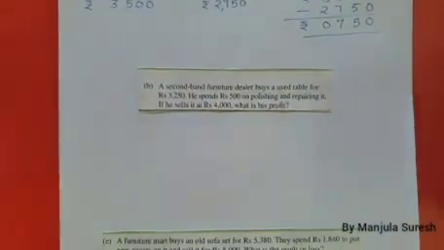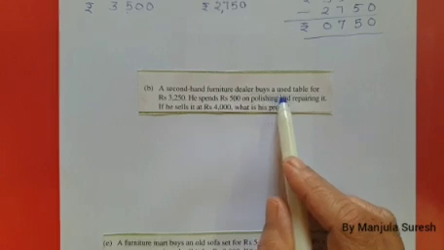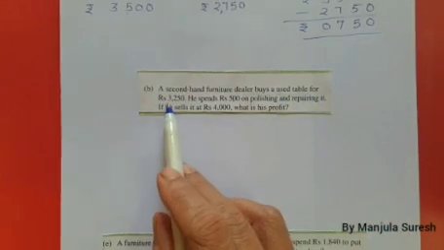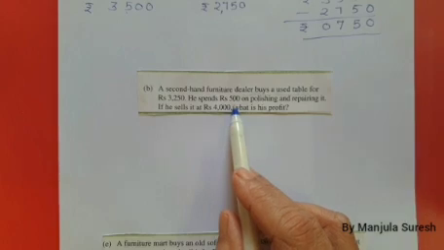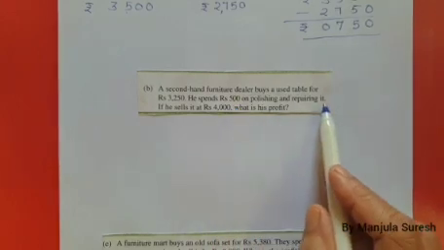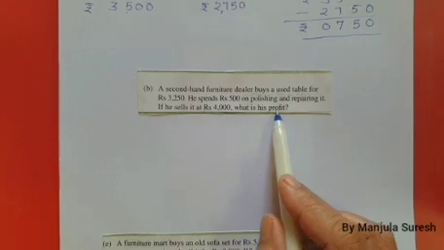Now next question, B. A second-hand furniture dealer buys a used table for rupees 3,250. He spends rupees 500 on polishing it and repairing it. If he sells it for rupees 4,000, what is his profit?